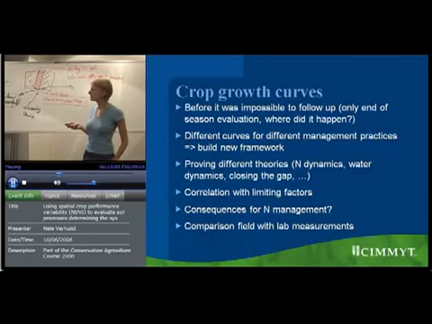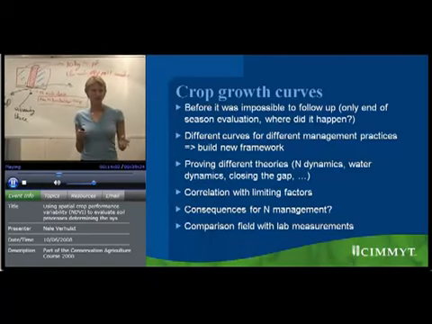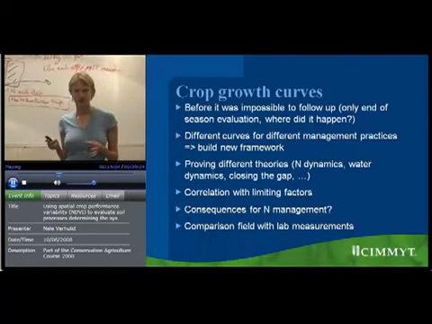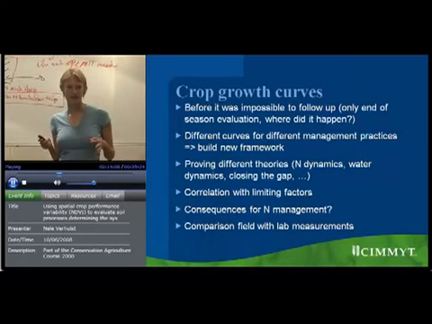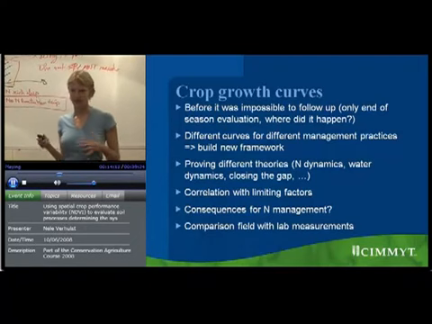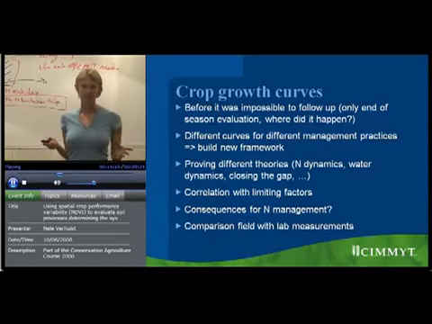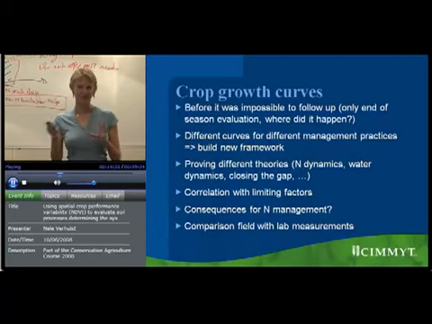These different curves for different management practices show us that we've got a different crop development in time for different management practices, and that might have implications for fertilizer, for all sorts of things, how you will apply your inputs. So you can link these crop developments to all kinds of theories. I don't know what you're all researching, but you can just think about how to apply it in your own fields.